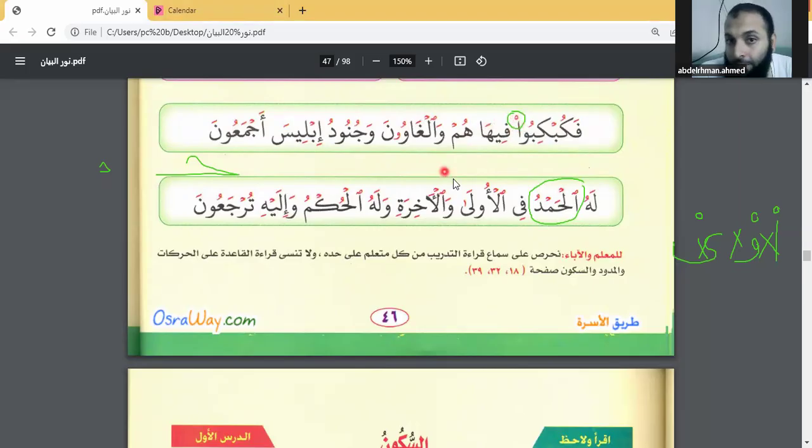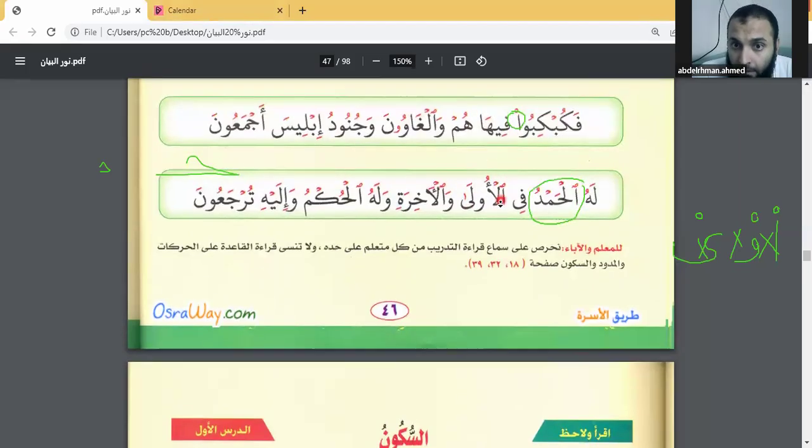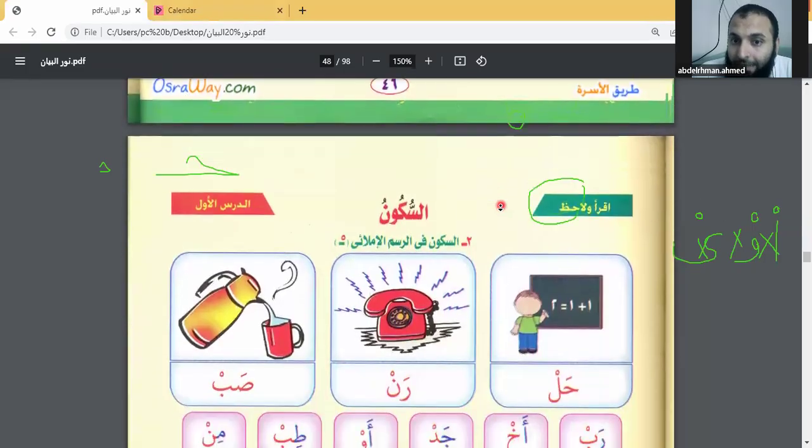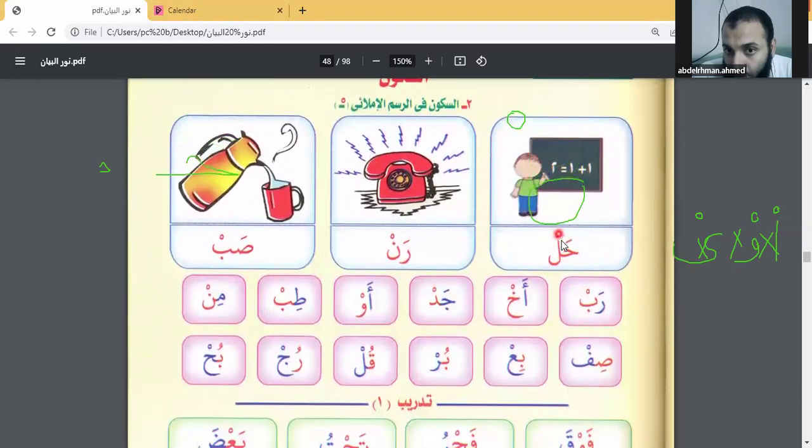This is in the Quran, but in Arabic, the sukun sign is the circle. So this circle in Arabic means this is the sukun. It means we stop on the letter. Like this word, we will say hal, run, sab. We will not say the letter is silent.